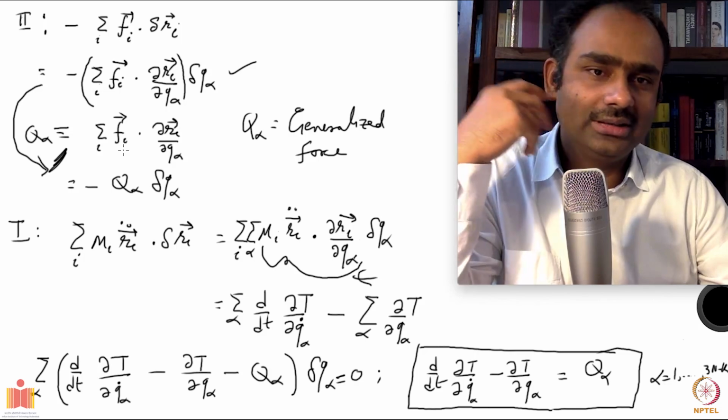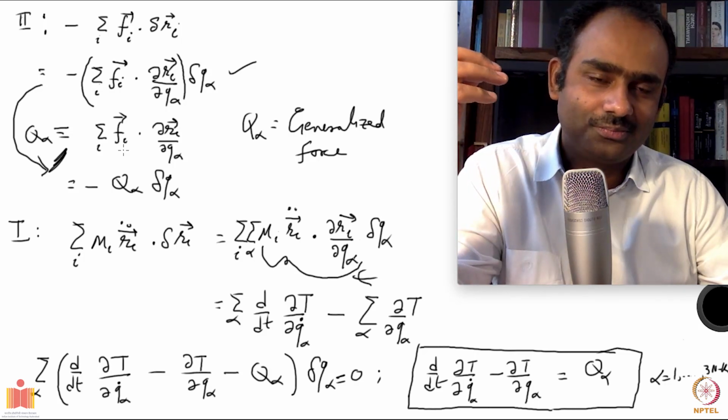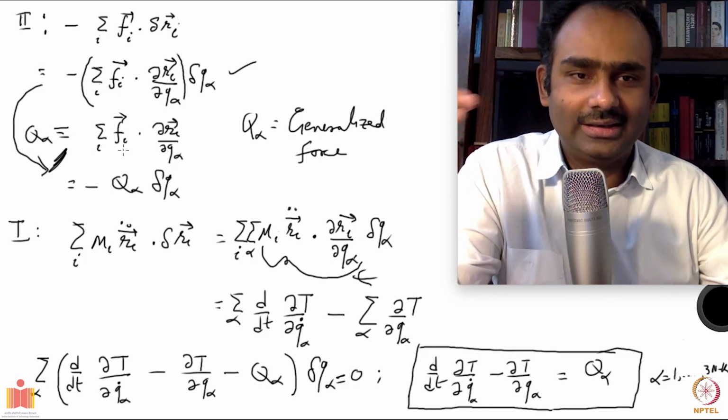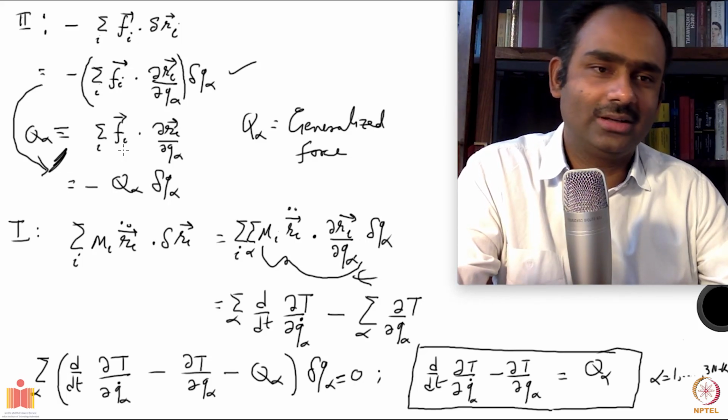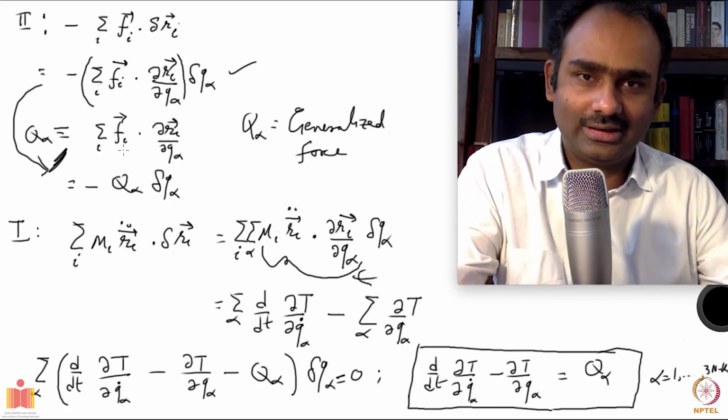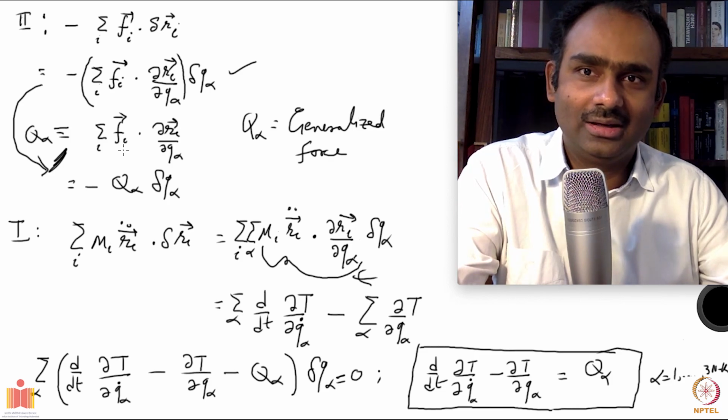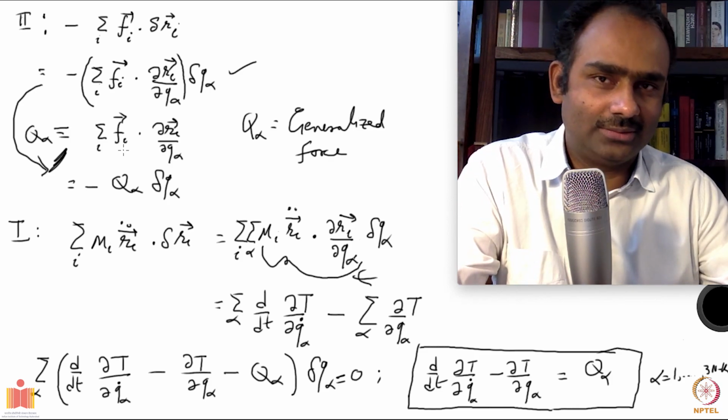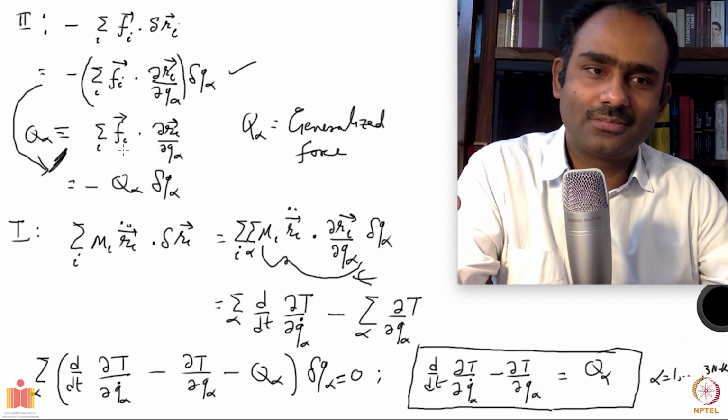Now what I will do in the next video is write down this in a slightly different form. What I'll do is I'll take the Q alpha, the generalized forces, and write them down using potential.